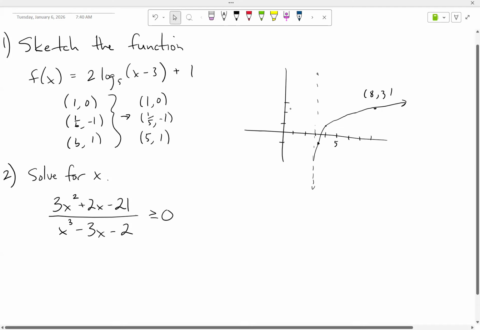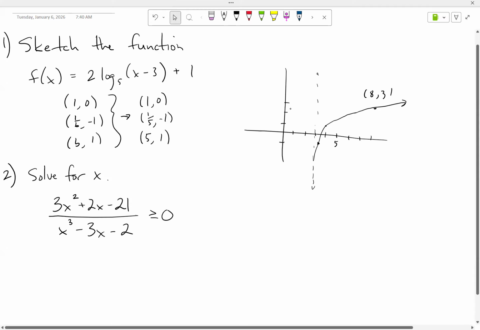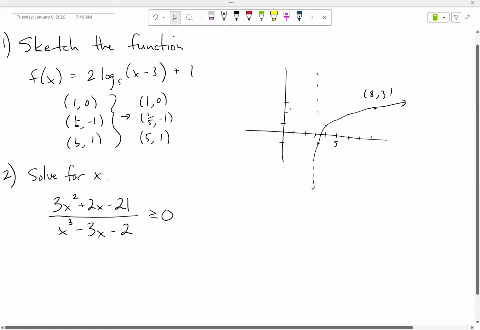I mean, the graph definitely either touches or crosses the x-axis at -3 and 7/3, where it's considered 0. I see. I completely misunderstood. I'm sorry. Thank you. Yes, Simon, that's a good question. Can we just multiply both sides by that denominator?